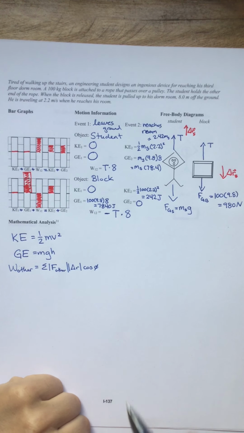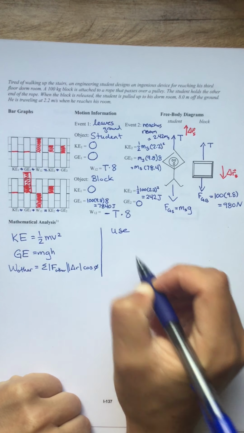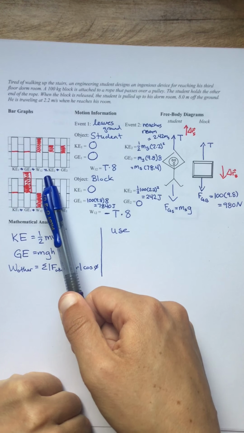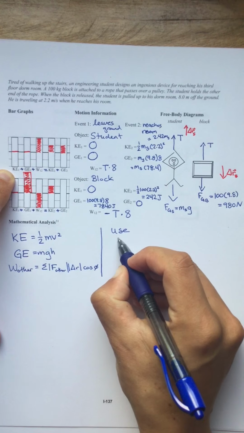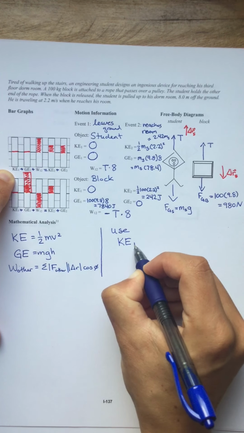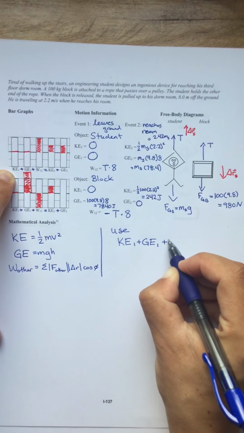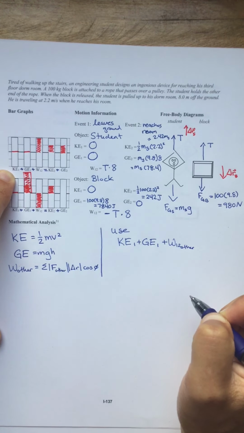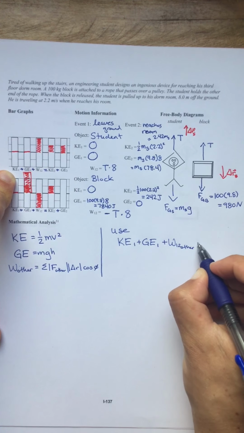Okay, so the next step would be to use the relationship, which if you put the signs in for the bar graph, you can see the work energy relationship just by looking at the bar graph. So this is KE1 plus GE1 plus work 1, 2, and let's just put other in there to remind ourselves that this is the work done by the forces other than gravity because we included gravitational potential energy.